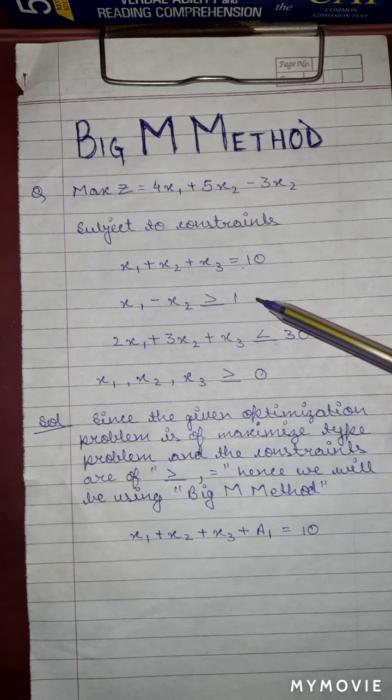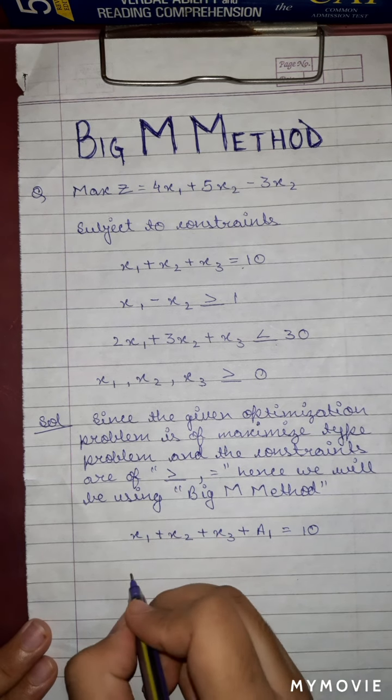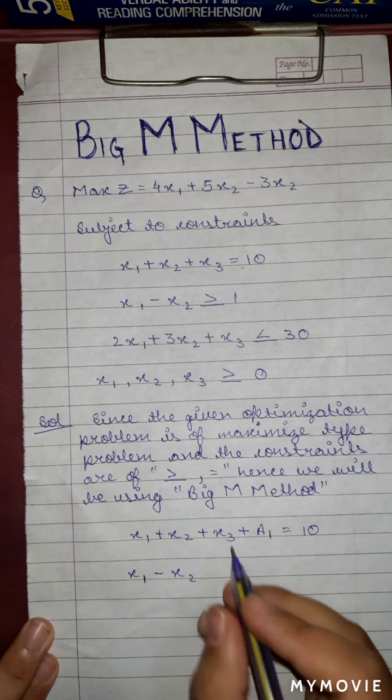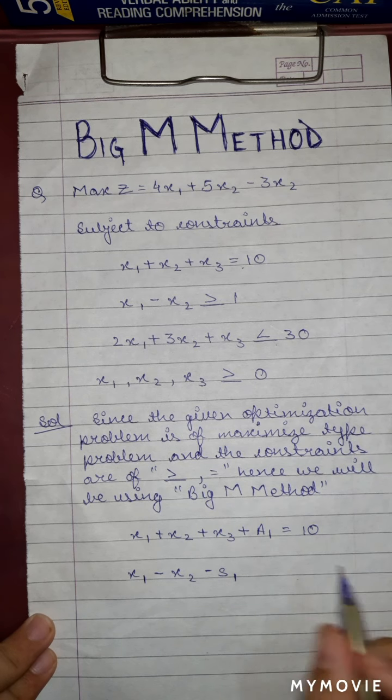Now we can see that the second equation is of greater than equal to type, so we can't add slack variable to its LHS side, so we need to subtract a surplus variable from its LHS side and add an artificial variable so that it becomes equal to 1. x1 minus x2, we will be subtracting surplus variable.